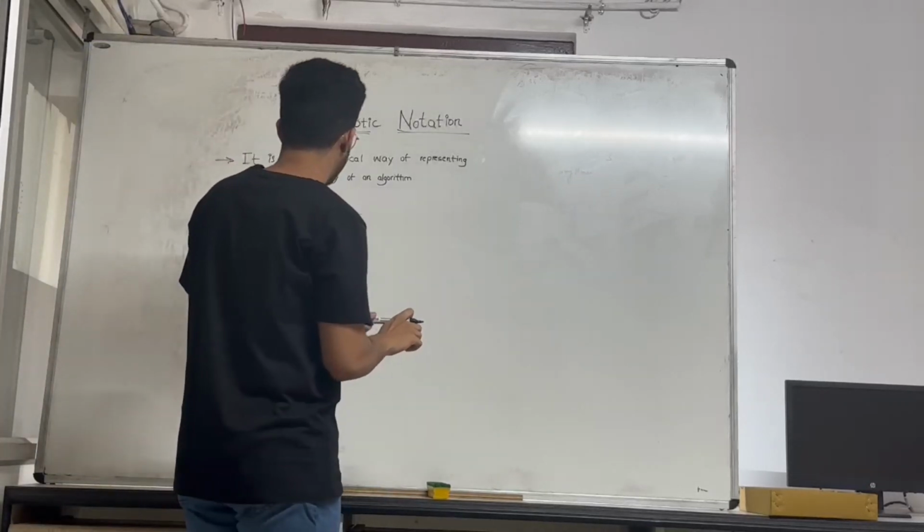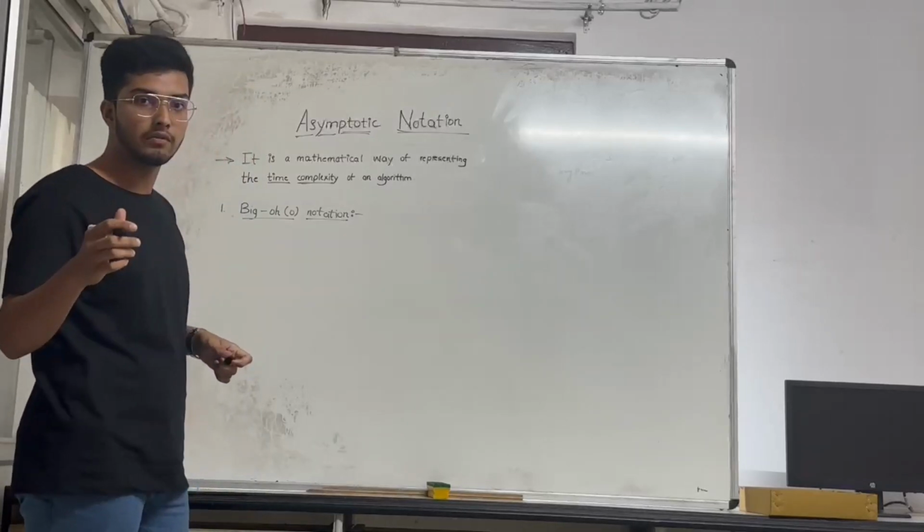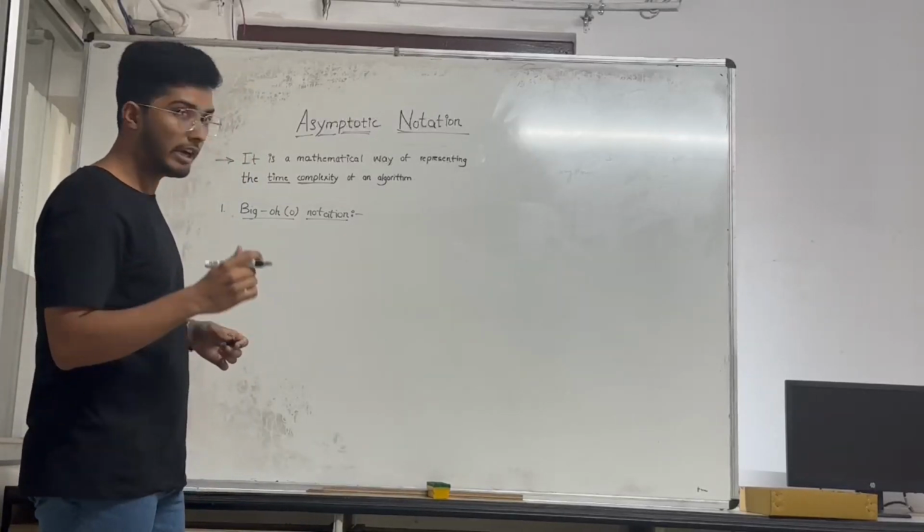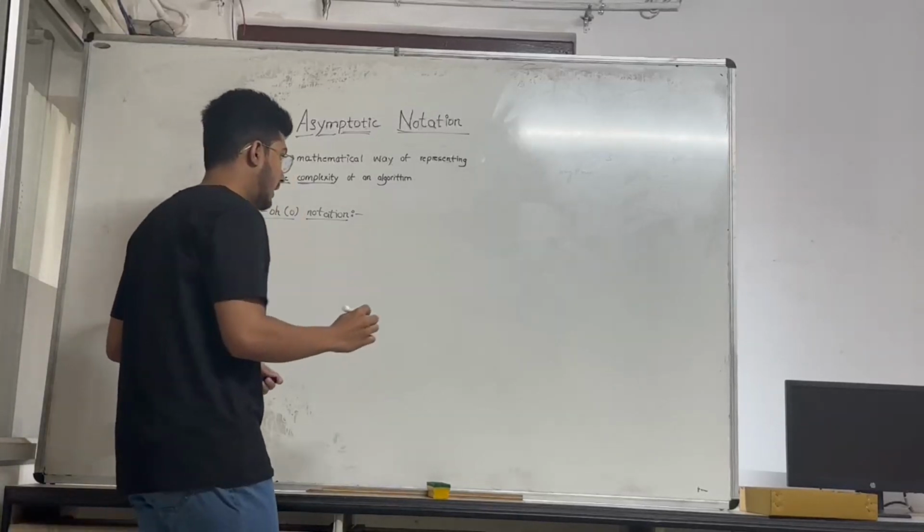So in big O notation, it represents the worst case of the time complexity. Let me explain it to you by taking a graph.